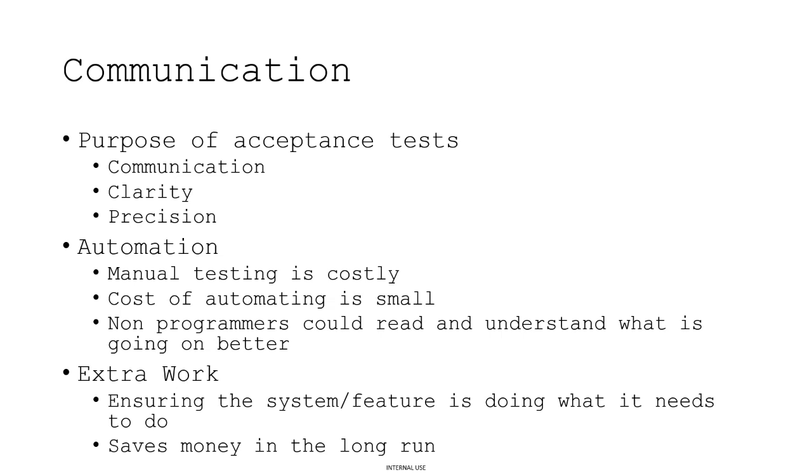If you're doing that for all your feature branches all the time, it becomes super costly. You need a ton of people to do it, and it costs a lot of time. But in the long run, automating these tests wins out.